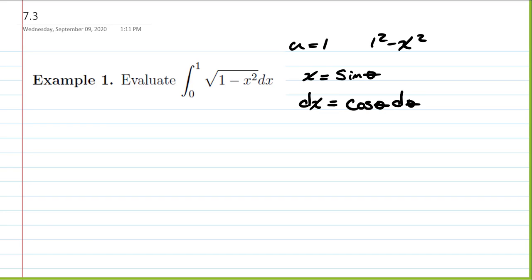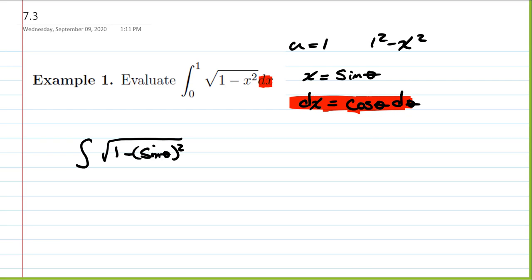So this tells us that when we evaluate our integral, we're going to replace our dx with cosine theta d theta. So we have the integral of the square root of 1 minus sine theta quantity squared, and then we replace our dx with cosine theta d theta.